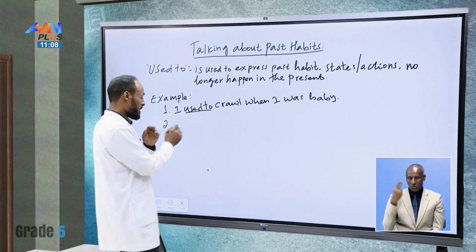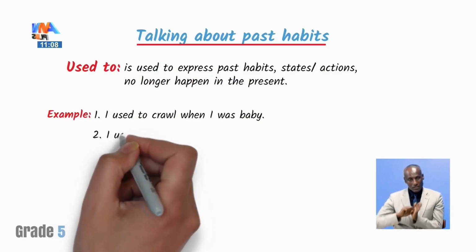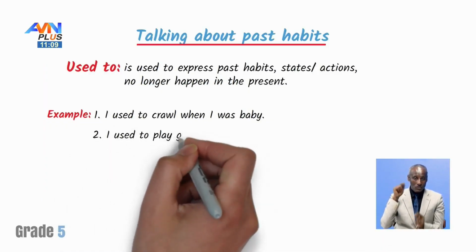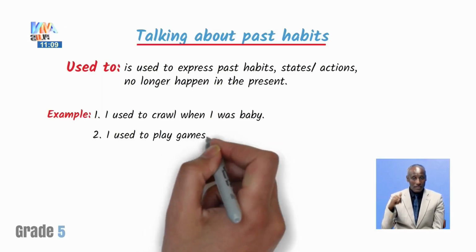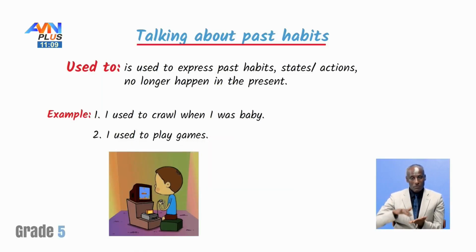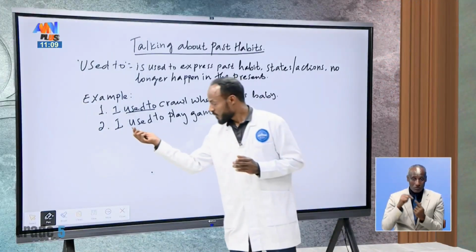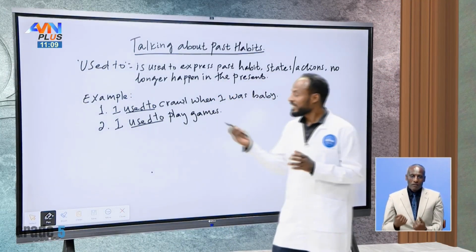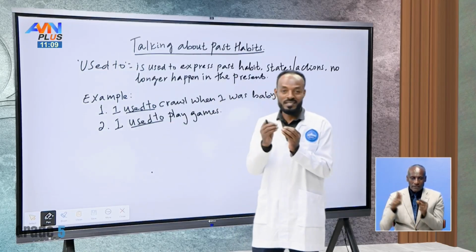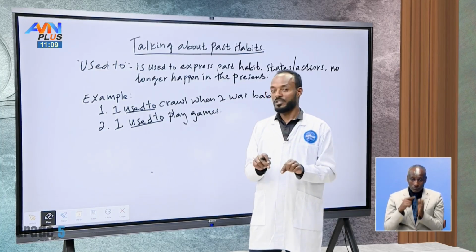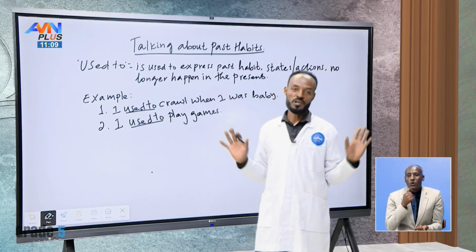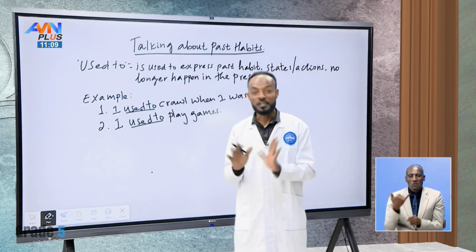Another one. We can say, I used to play games. When I say I used to play games, the phrase used to shows us that at the time of speaking, in the present, there is no more playing games.